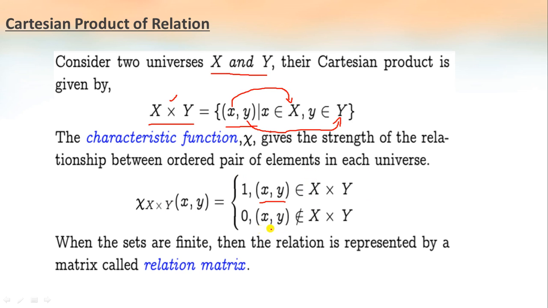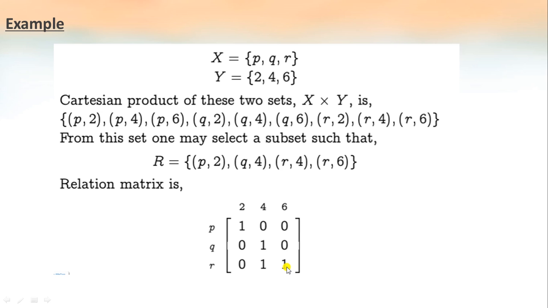And if any particular ordered pair (x, y) does not belong to the Cartesian product, it will have a value 0. So this is called the Cartesian product, where we have two sets and an ordered pair (x, y) where x belongs to X and the element y belongs to set Y. And when the sets are finite, then the relation is represented by a matrix called the relation matrix.